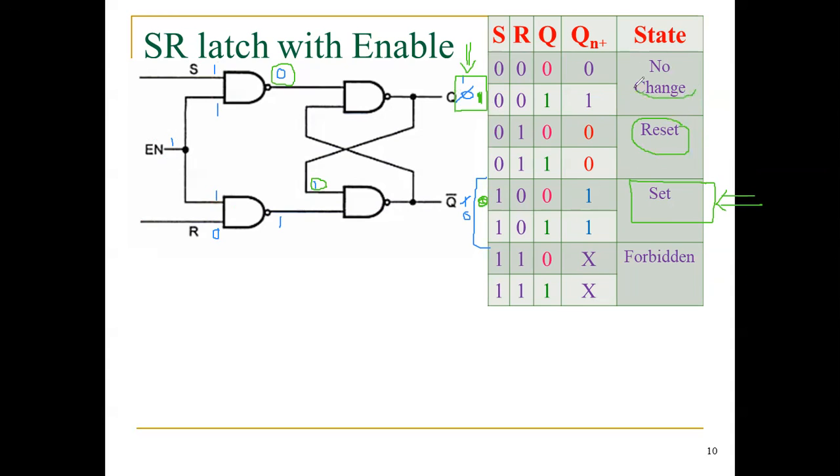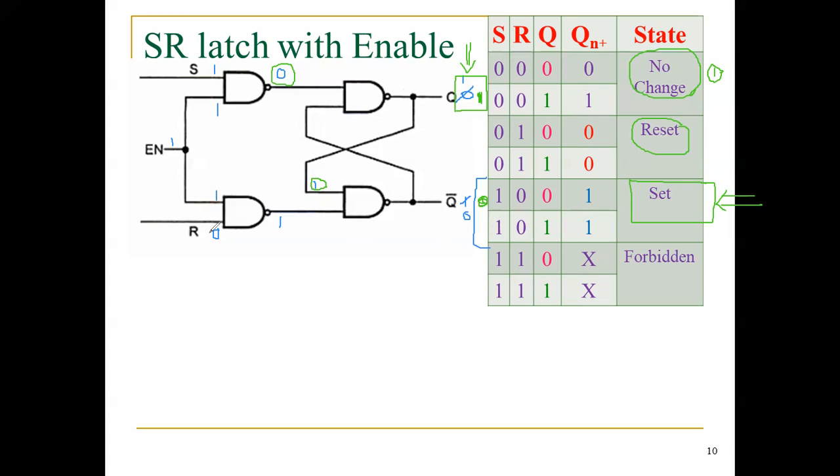Before that, that operation is called no change. That means whatever may be the assumption made, that retains as it is in the first case. But in the second case, whatever may be the assumption made here, either my Q equal to 0 or 1, finally it resets the value. That means Q output equal to 0. Hence Q bar equal to 1.